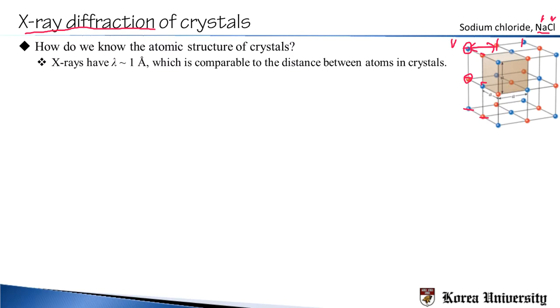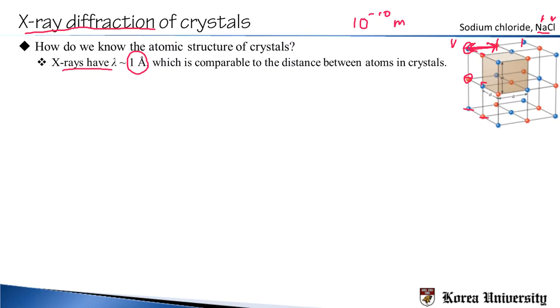The distance between atoms in any material is more or less in the range of angstroms. What is an angstrom? 1 angstrom is equal to 10 to the power of minus 10 meter, which is a very small distance. But this distance is comparable to the wavelengths of X-rays.